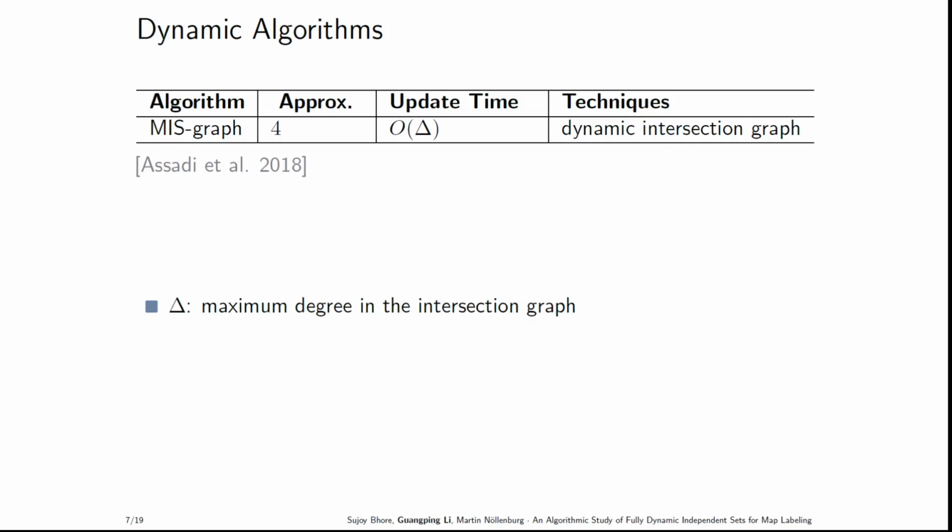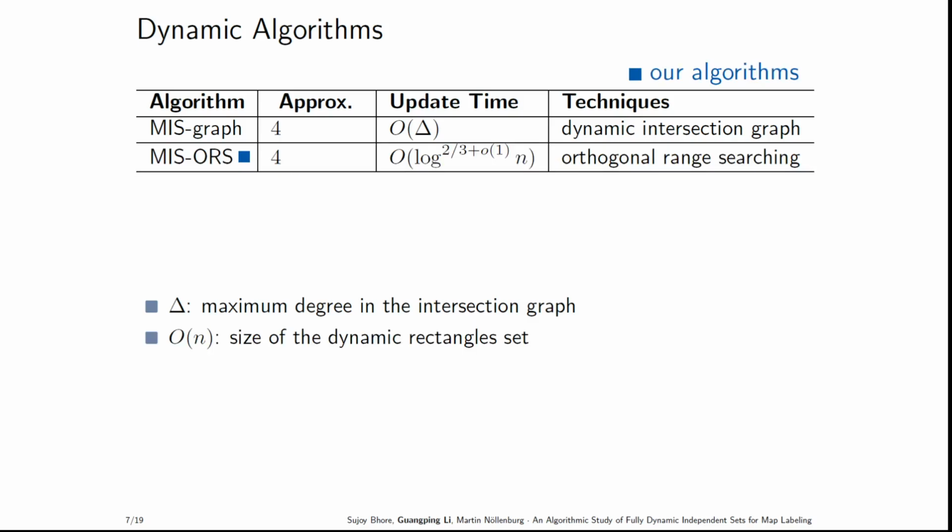The update time is bounded by the maximum degree of the intersection graph, and this degree is a natural barrier for vertex update in a dynamic graph. We introduce this approach, MIS-ORS. It models the intersection graph implicitly using a dynamic geometric data structure. Thus, it breaks this natural barrier of maximum degree with a sublogarithmic update time.